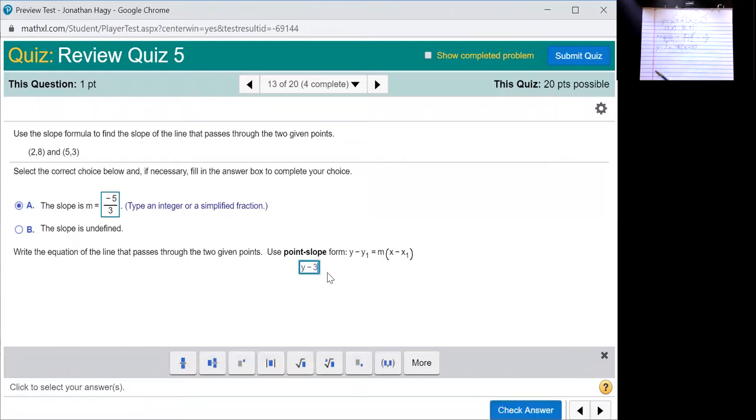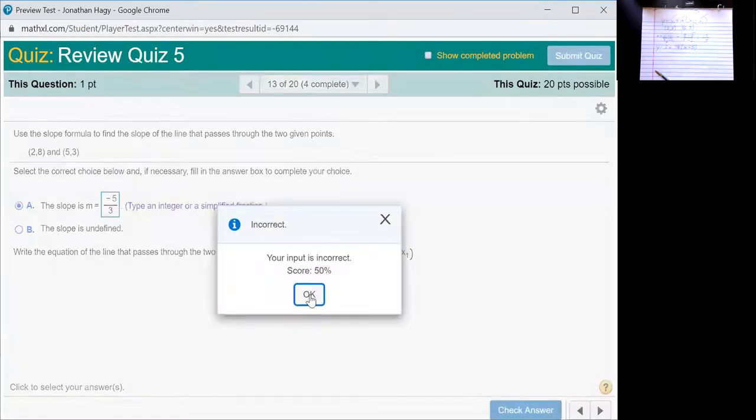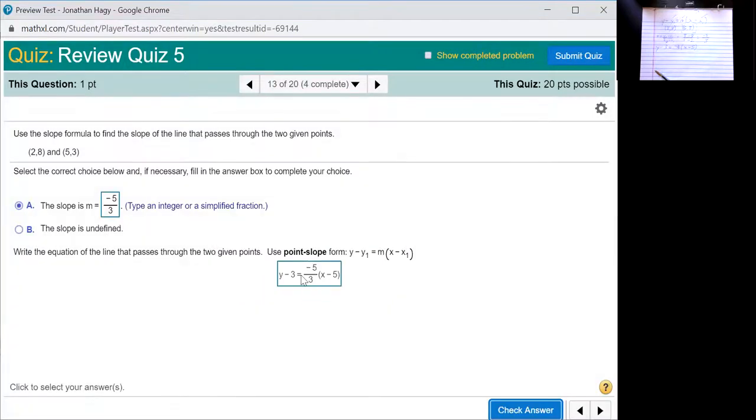Y minus 3 equals fraction negative 5 over 3, parentheses x minus 5. Let's try that out. It's not liking something here.